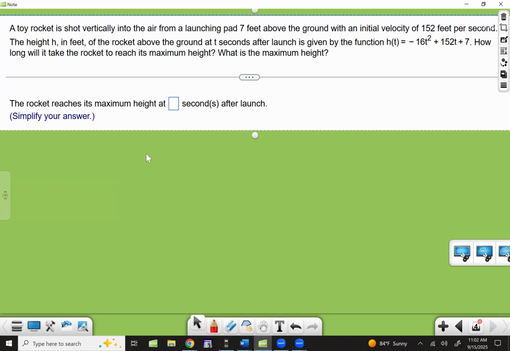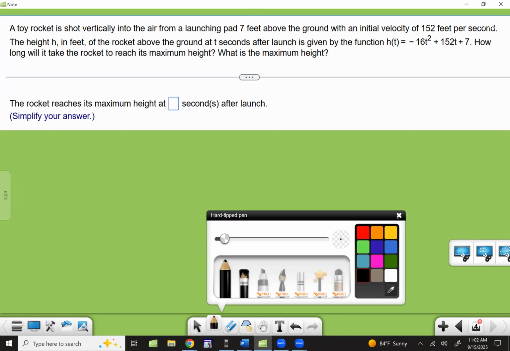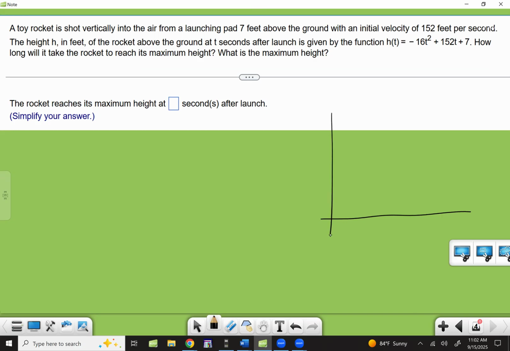Okay, so big picture here, we have a rocket starting at 7 feet, right? We're going to launch vertically. So this rocket's going to go up into the air and then come down and fall back down into the ground. Now you couldn't see any of that because I'm drawing on top of myself, right? So what we're going to do is we're going to take the height and spread it out over time, right?